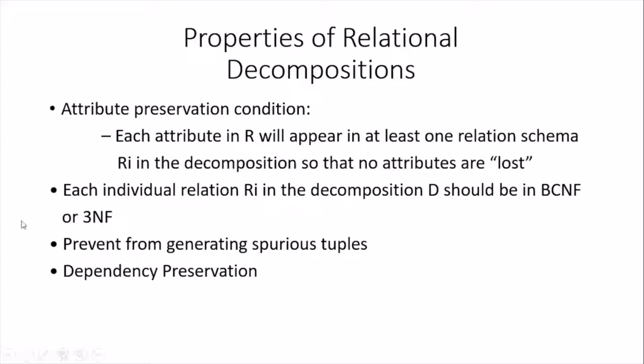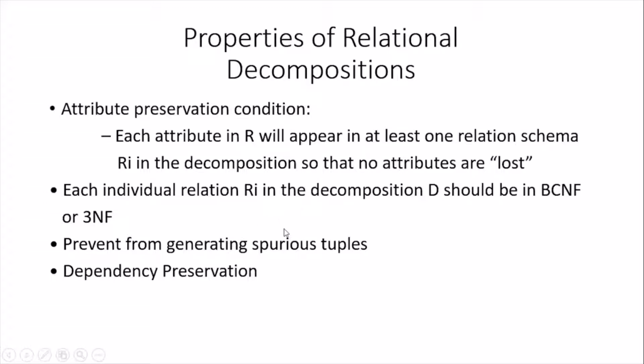Each individual relation Ri in the decomposition D should be in BCNF or 3NF. So the resultant relation schema should be normalized, that is, in BCNF or at least in 3NF. And it should prevent generating spurious tuples.